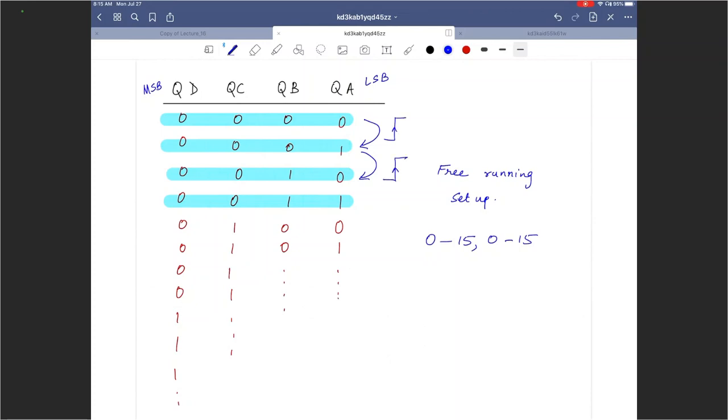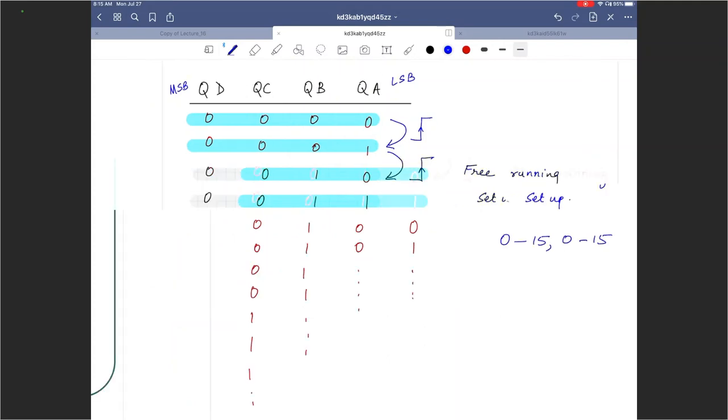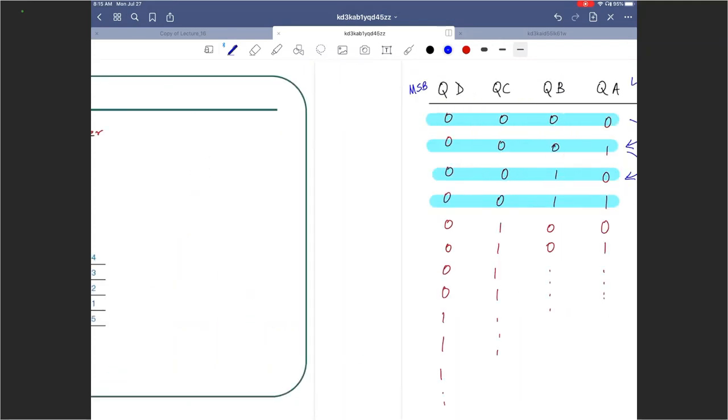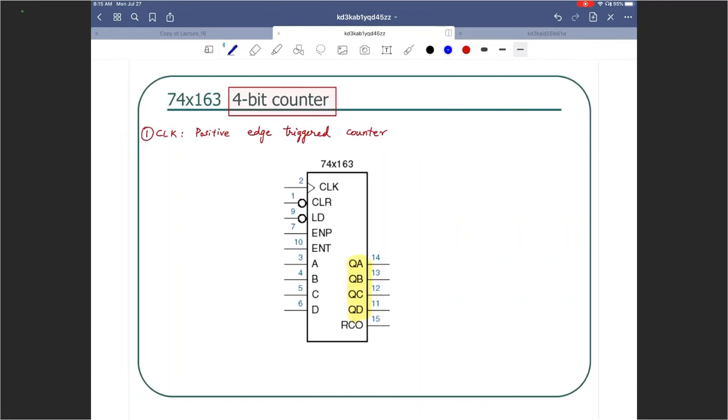Soon after that, the counter is going to increment by 1. That's what we are talking about in terms of the outputs and the clock here. Going back to the clock input, I need to connect that to a timing source with some period, which goes up and down, and every time a positive edge occurs, the counter will increment.